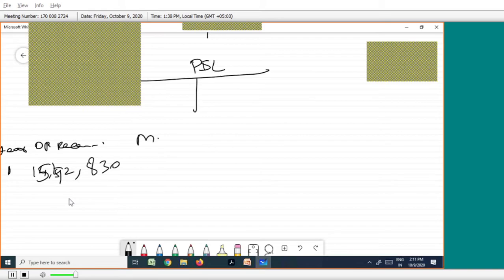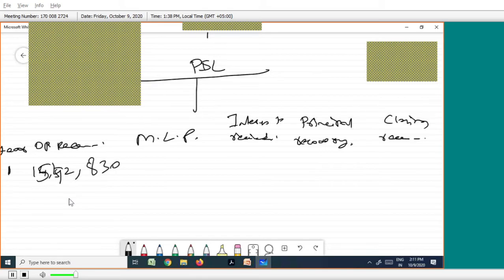One is minimum lease payment received, which should be categorized as interest received portion, then principal recovery, then closing receivables. So first is year, second is opening receivable, third is minimum lease payment received, fourth is interest received portion, fifth is principal recovery portion, balance is closing receivables.